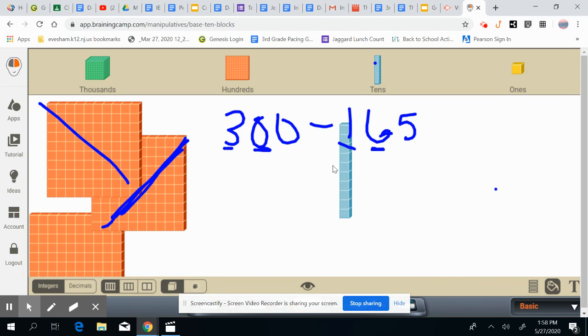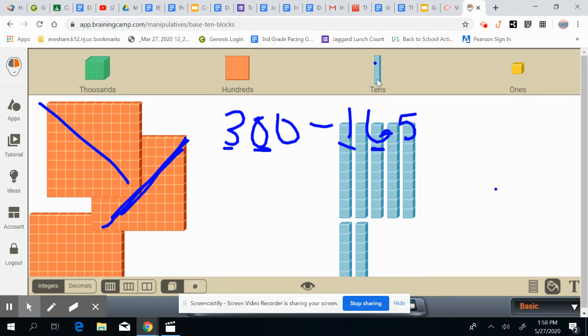So 1, 2, 3, 4, 5, 6, 7, 8, 9, 10. Great, I have 10 tens now. And how many hundreds do I have left? I just have 1. These are gone. Now that I have 10 tens, my 0 is technically a 10.